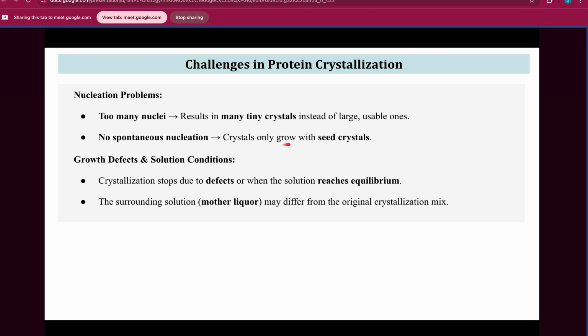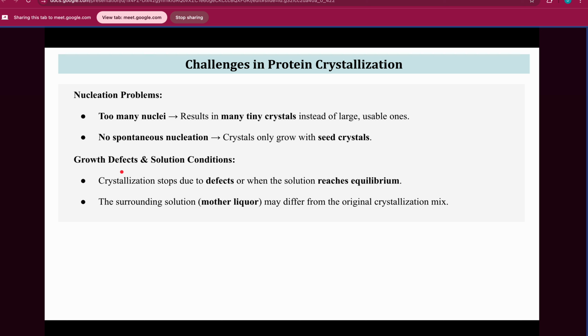In this case, crystals only grow with seed crystals. You need to provide some seed, some already available smaller crystal which is not completely formed. If you do not provide it, then there will be no spontaneous nucleation. That is also one of the problems.